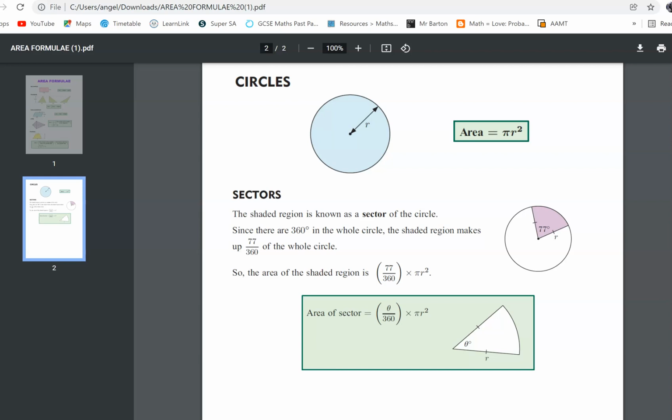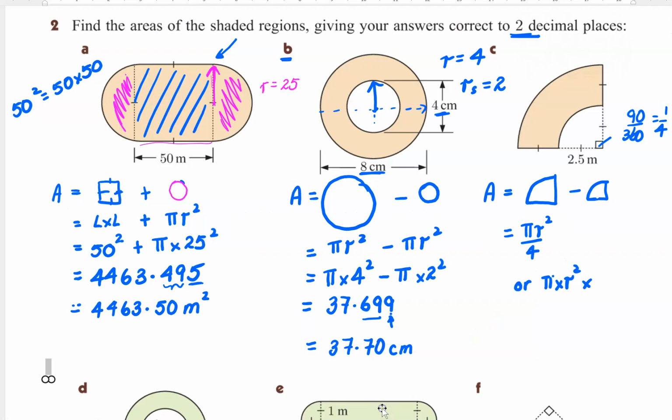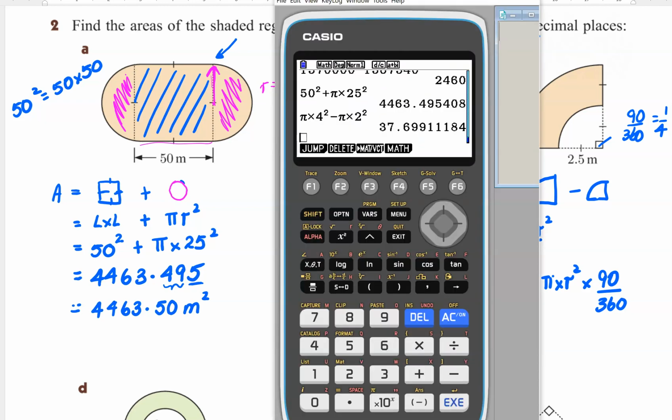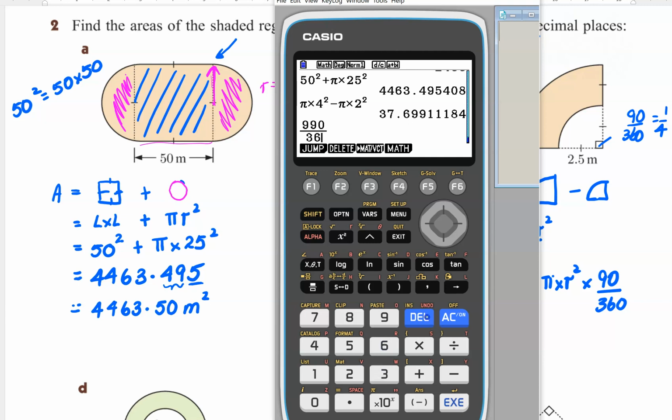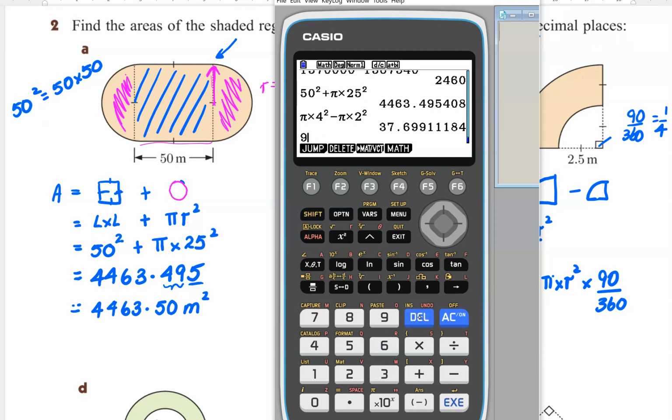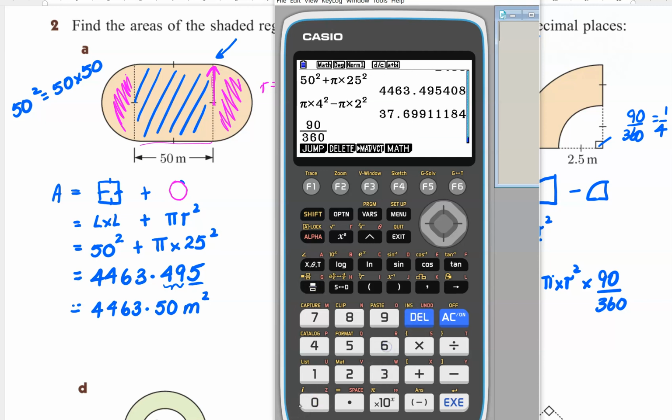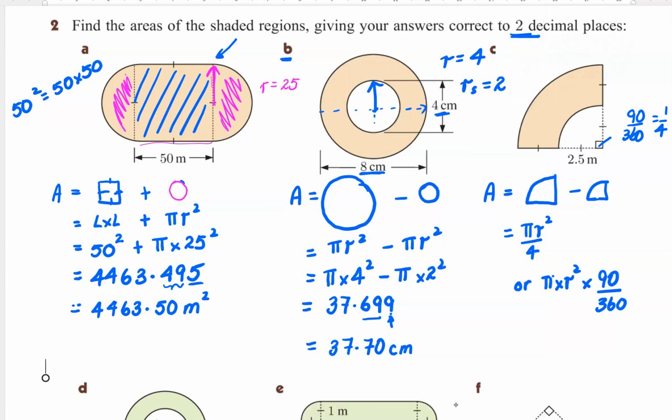If I times that by 90, because that's your angle there, over 360, you pop that in your calculator. 90 over 360, that's why we get that quarter, okay? So I'm going to prefer to leave it like this, if you don't mind. If you wanted to write it as 90 over 360, feel free.